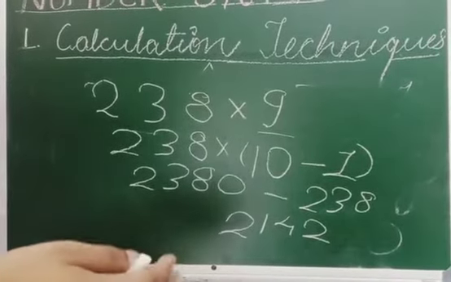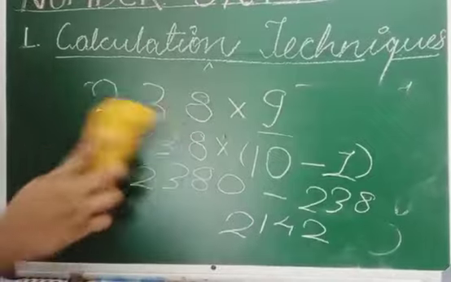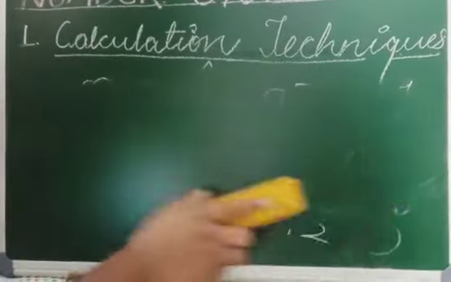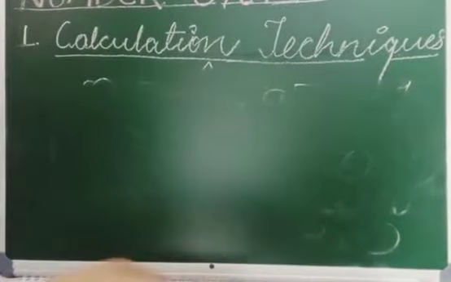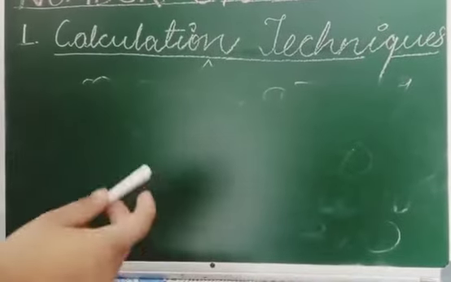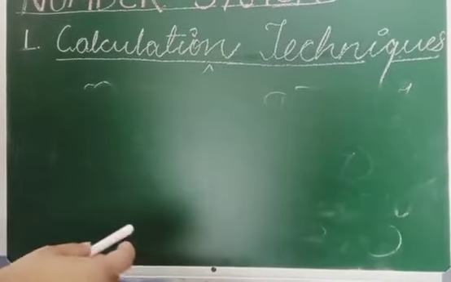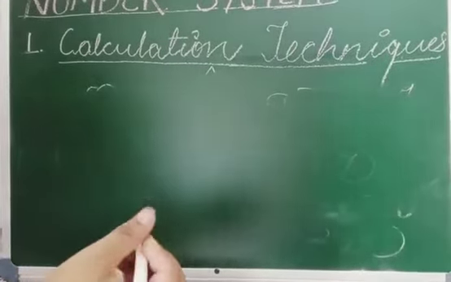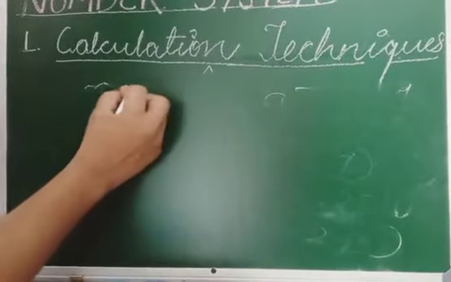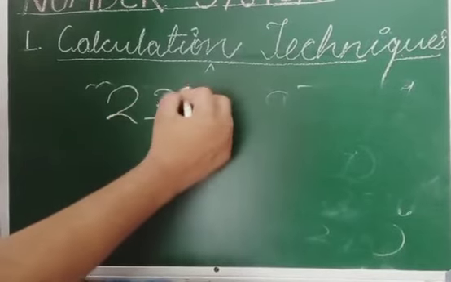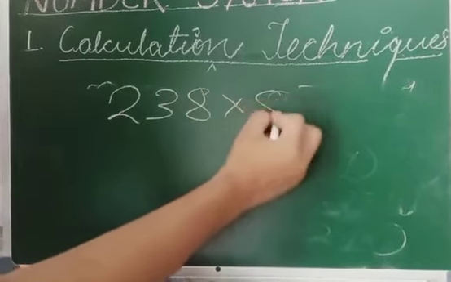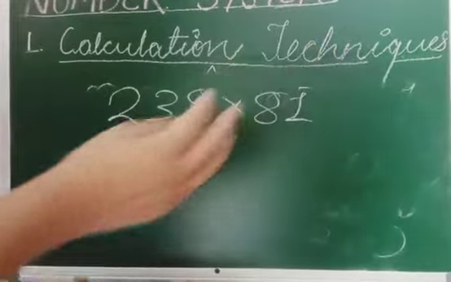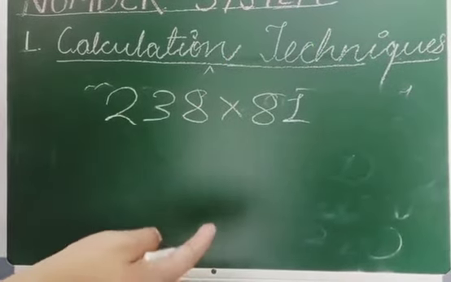Let's take another example. If we multiply a number by 9 or its factor, let's take another example. If we multiply 238 with 81, as you know, 81 is a multiple of 9.